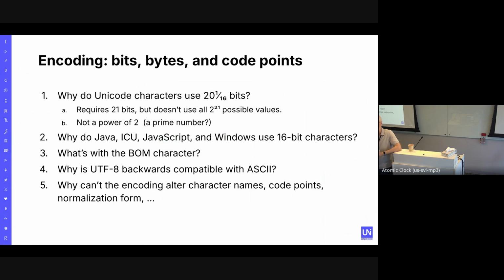One of the takeaways is that we had to do a lot of things for compatibility. I'll take the BOM, for example.